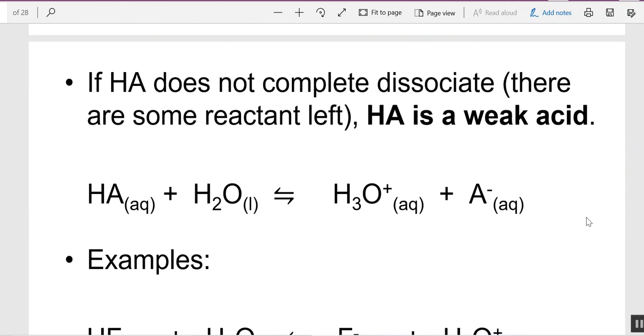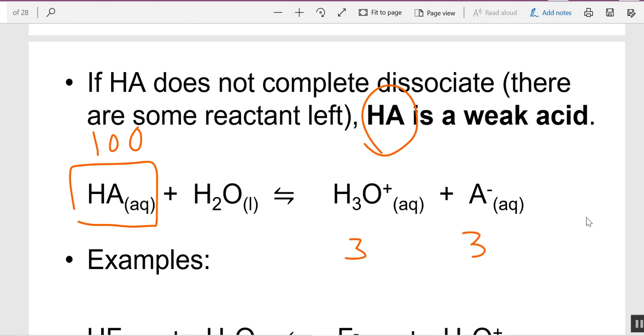Okay. Now let's take a look at some of the weak acids. Okay, if it's not strong, it has to be weak. And then usually for weak acids, we like to symbolize it by using HA. Okay, A can be any anion, it can be nitrate, it can be cyanide, and so on. So let's say this is a weak acid. Let's say if you have 100 molecules of this, okay, dissolved into water. Maybe you might have just 3 molecules of this and 3 molecules of that.